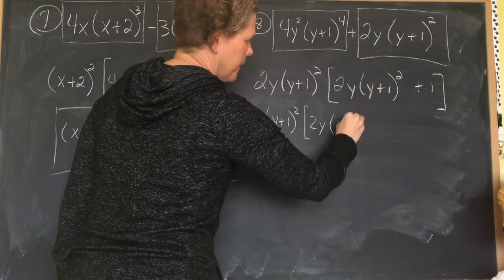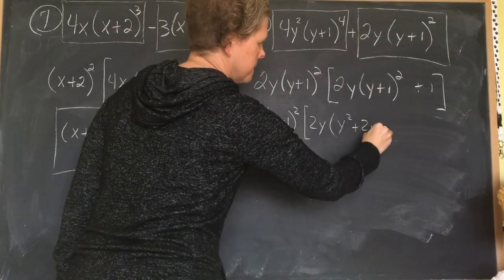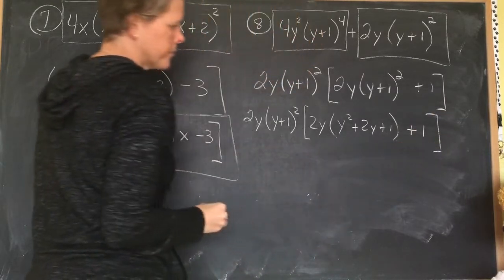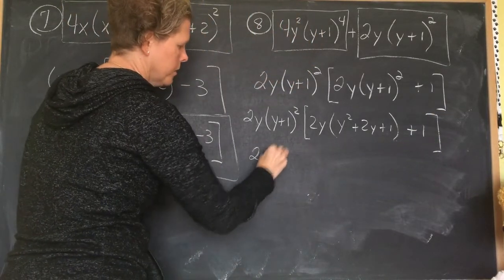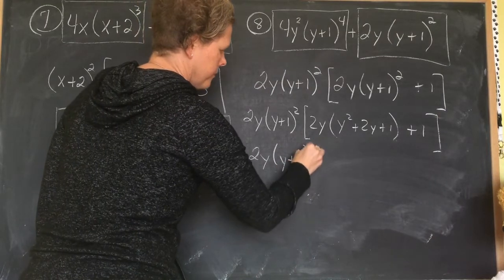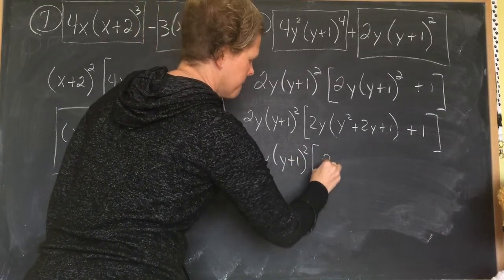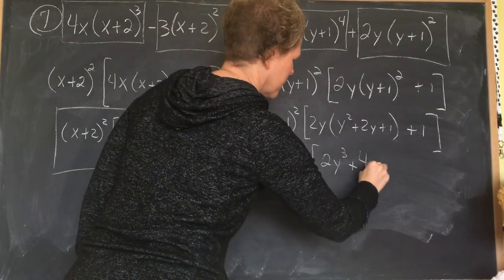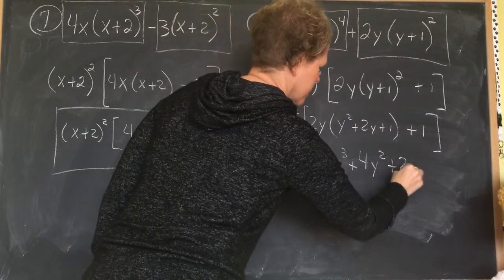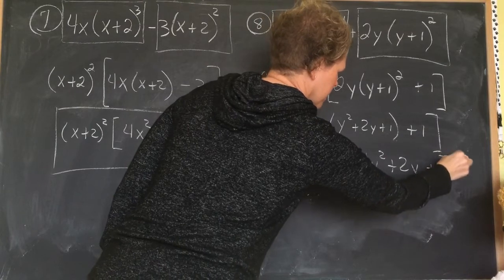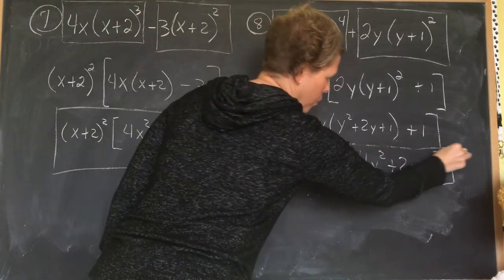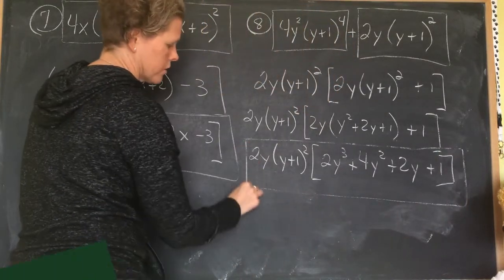I'm going to FOIL that. And now I'm going to distribute that 2y. And then there's nothing else I can combine, so that whole kind of crazy long answer, that is your final answer.